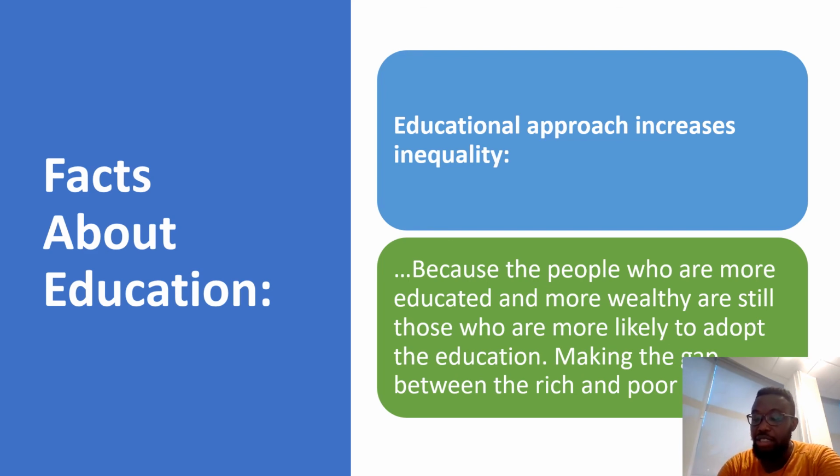As that person's oral health is getting better and better, the other person's oral health is becoming worse and worse. So you see that education in most cases creates this problem of inequality.